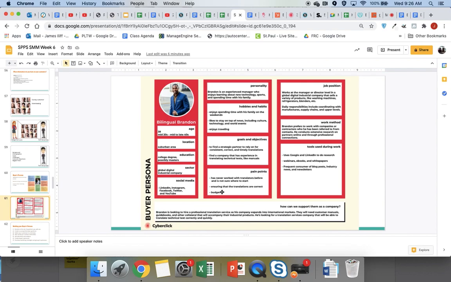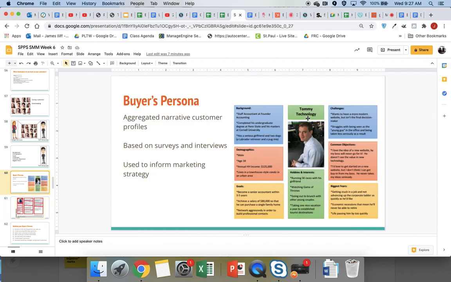And another pain point is ensuring that the translations are correct and their budget. You can see what social media they use: LinkedIn, Instagram, Facebook, Twitter, and YouTube, etc., etc. And so you can see that we would market differently to our bilingual Brandon than we would our Tommy Technology.